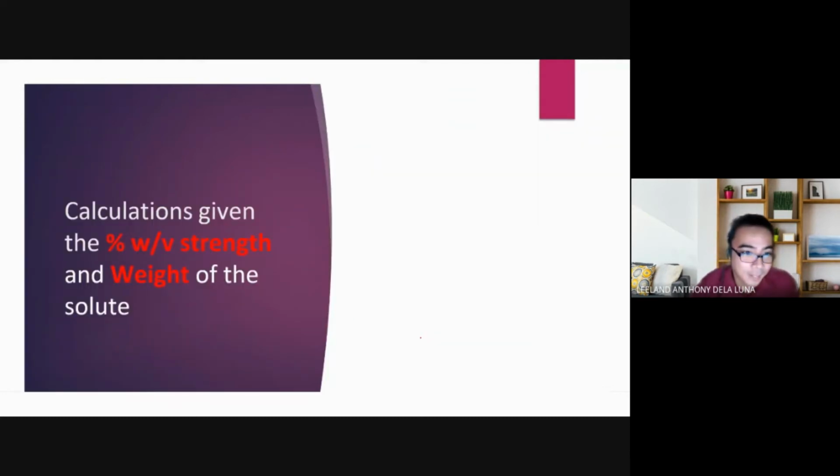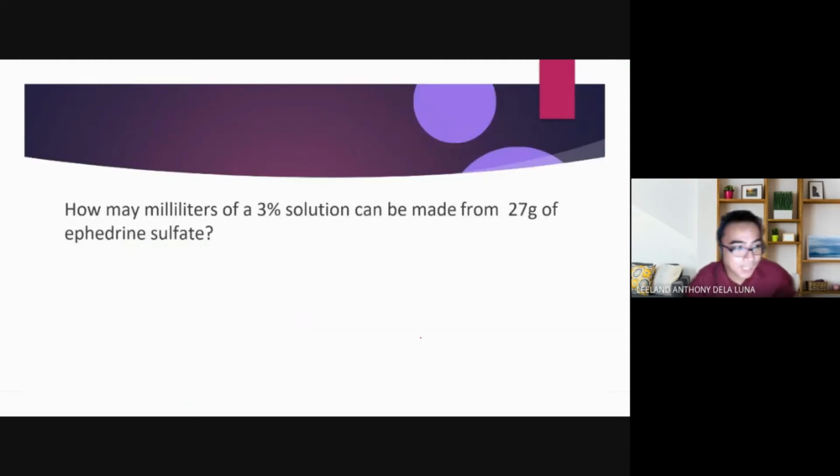Okay, so next one, calculations given the percentage, weight per volume, strength, and weight of the solute. Okay, so halimbawa, ang tatanong naman ngayon class is in terms of ml. Okay, volume naman ang hanapin natin ngayon. So halimbawa, how many ml of a 3% solution can be made from 27 grams of ephedrine sulfate?